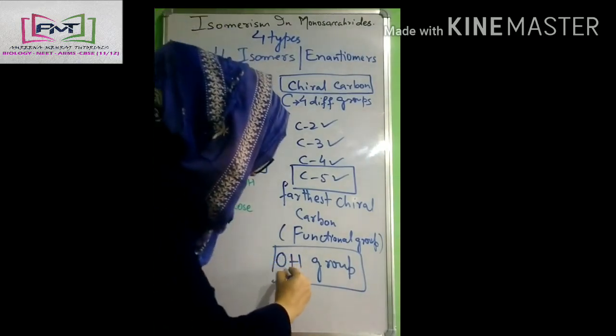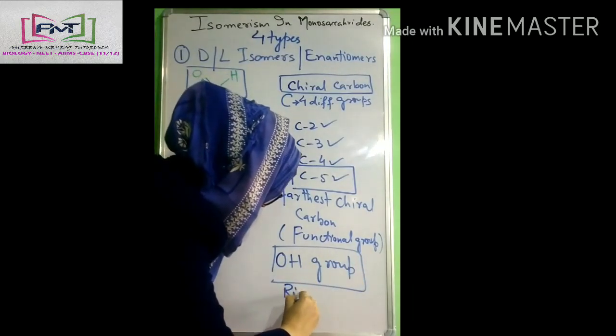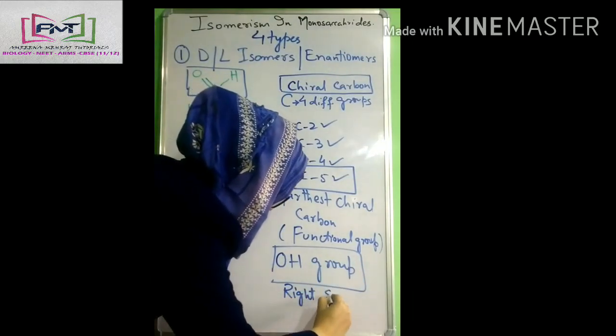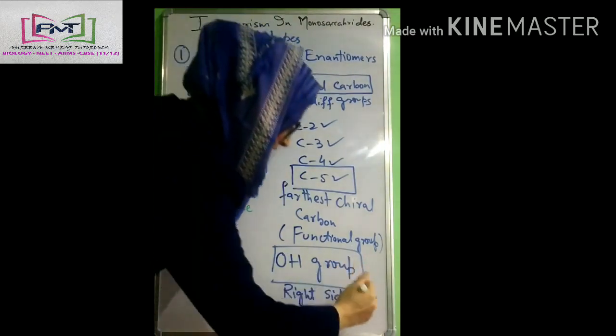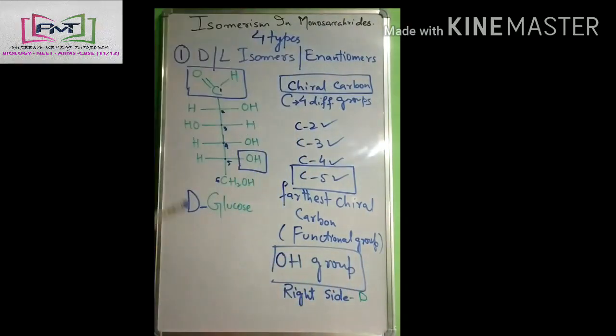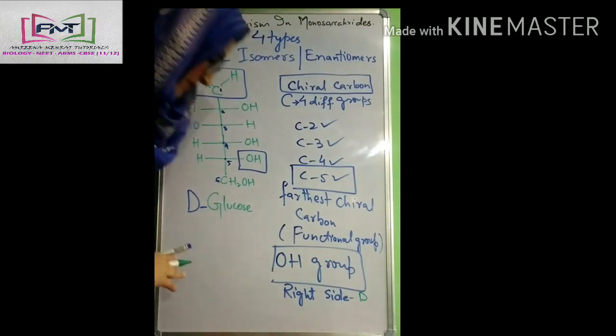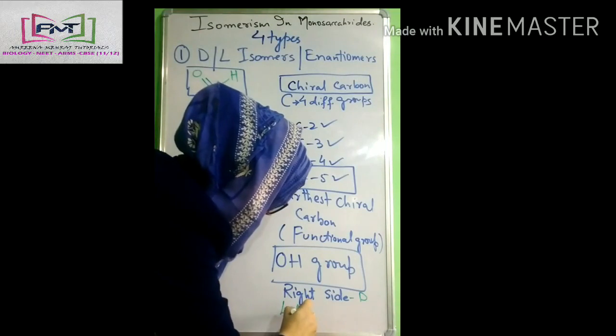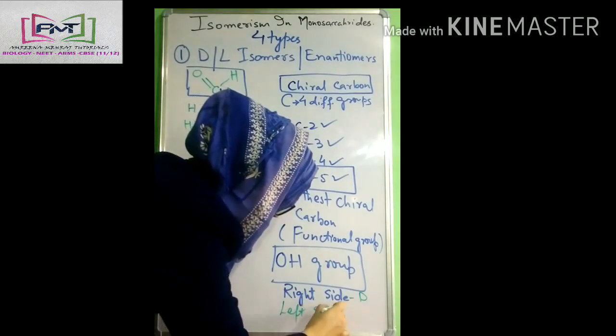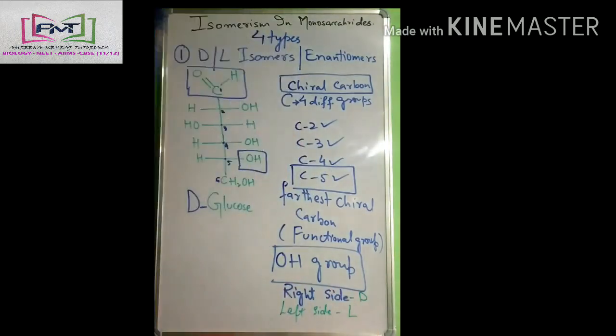So if the OH group is towards right side, what do you call this sugar? D-isomer. If it will be towards left side, then you will call it L sugar.